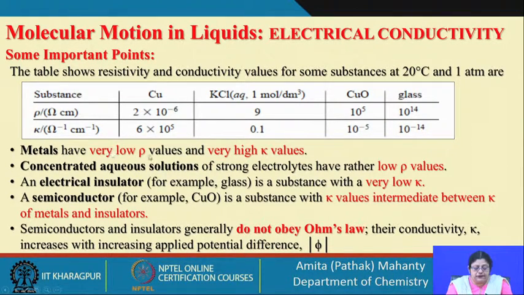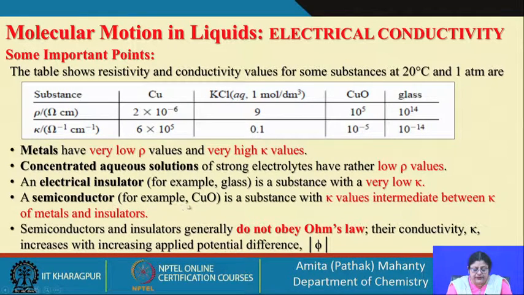Metals have a very low value of rho, of the order of 10 to the power minus 6, and a very high value of conductivity. A concentrated solution of a strong electrolyte will have a low value of rho and a moderate value of the specific conductance or conductivity.